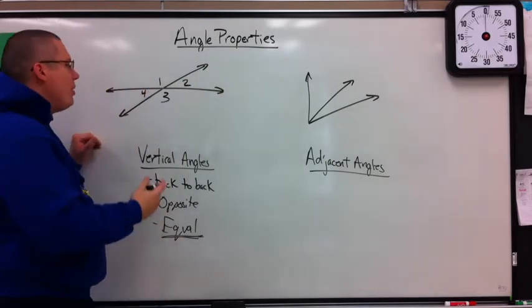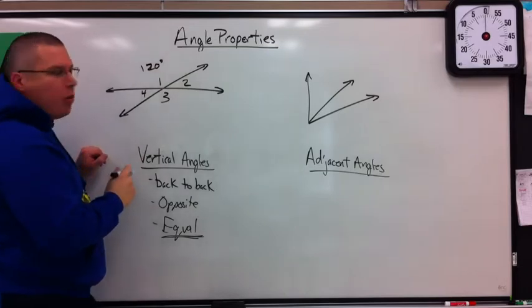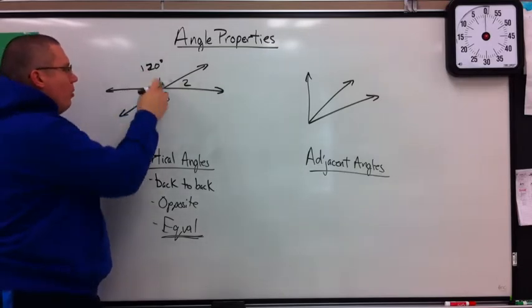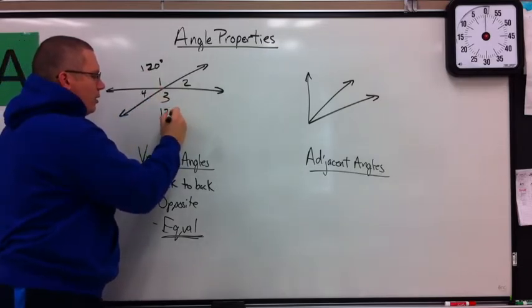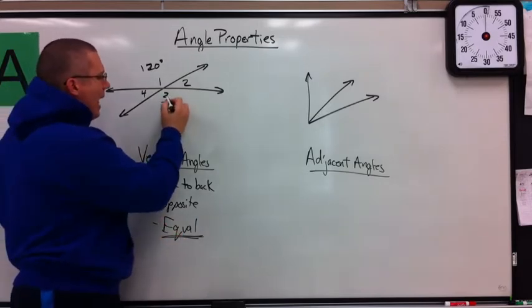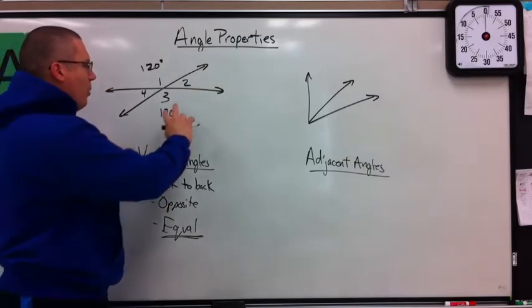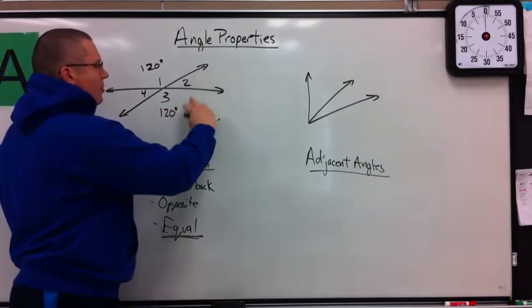How do I use this? Okay, let's say this. Angle 1 is worth 120 degrees. Oh, well, what's angle 3 worth? Well, it's equal. 120, 120. I could go further and say, if I know that angle 3 is 120, what's angle 2 worth? No, it's not 120. These are not back to back of each other.